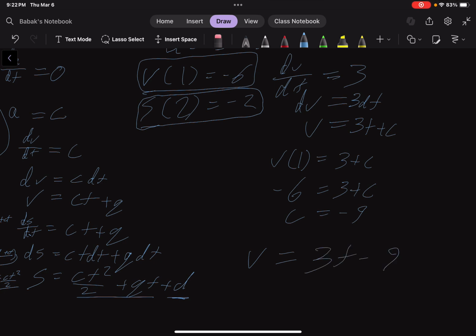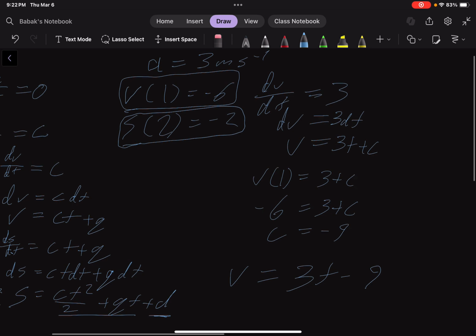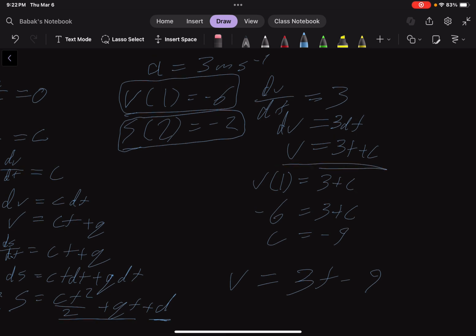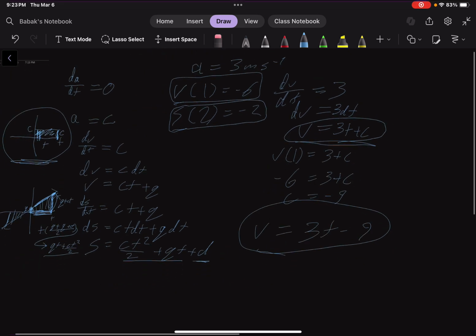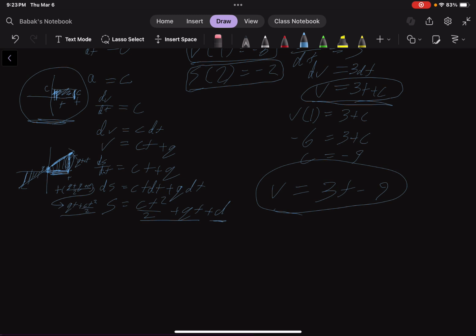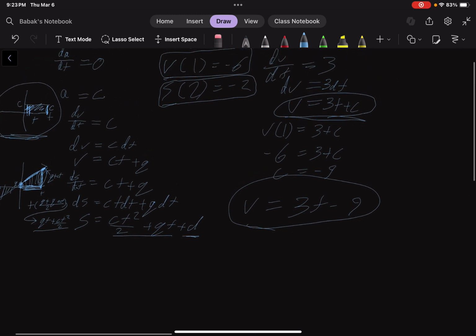This is our initial condition equation, whereas this equation that I outlined is the general solution. Those terms are distinct. The general solution is for all cases, yet the initial condition is for when you're given some sort of condition that will tell you the constant value in some way or another.